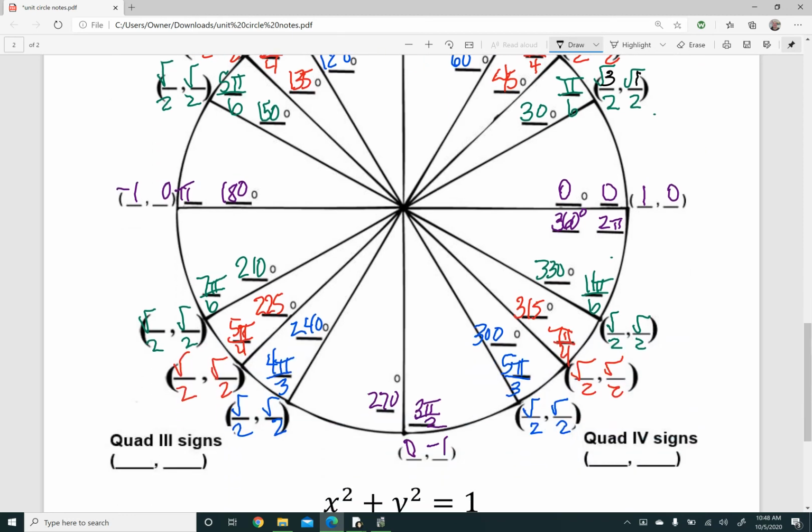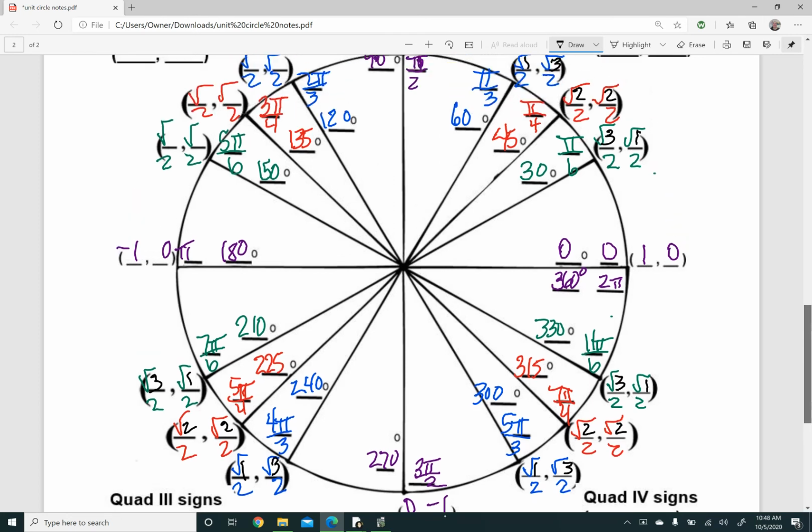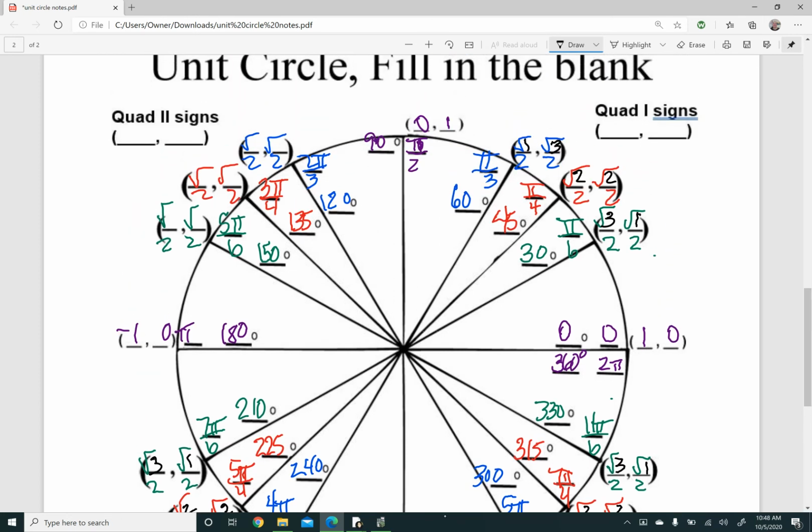If we do the same thing down here, we have 0 on the outside going down, 0, 1, 2, 3. 0 on the inside going up, 1, 2, 3. 0 on the outside going up, 1, 2, 3. 0 on the inside coming down, 1, 2, 3. 0 on the inside going up, 1, 2, 3. 0 on the outside coming down, 1, 2, 3.